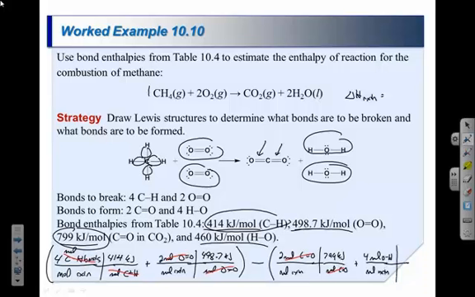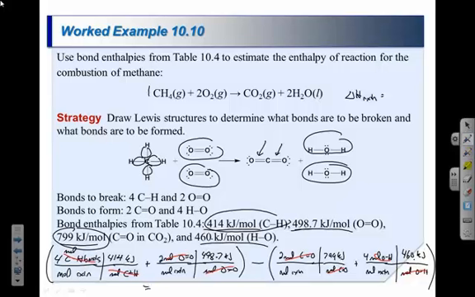And I have 460 kilojoules, should be a decimal here, 460 kilojoules per mole of OH bond. So now that cancels. So again, all of my units have to be the same if I'm going to add or subtract numbers. So that's why I have to cancel all the moles of bond and just have everything in kilojoules per mole of reaction.